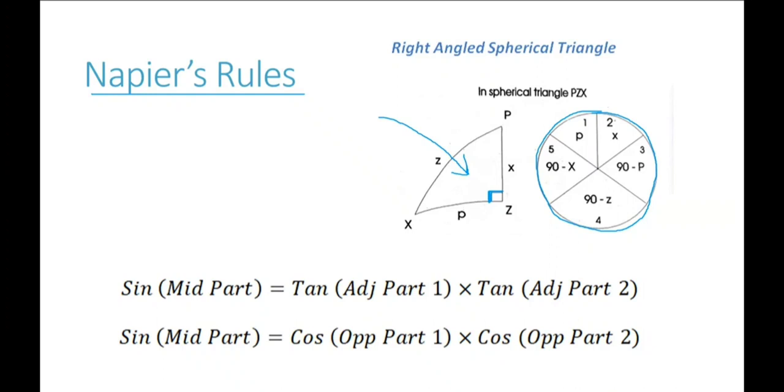When we apply Napier's rule, we make this circular diagram, and in this circular diagram, we divide it into 5 parts. You can see these are the 5 parts in which we divide it. Now what we do is, whatever is the 90-degree part of the triangle, that is written on top here. So in this case, angle Z.